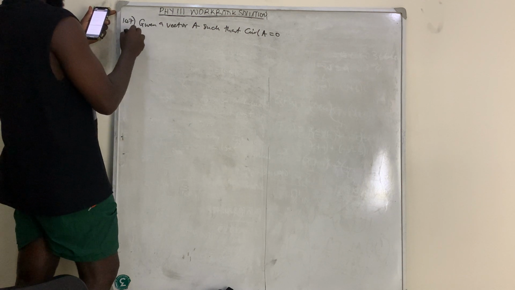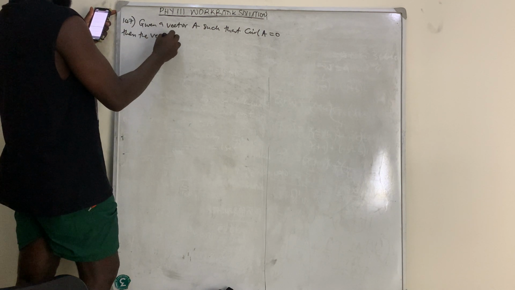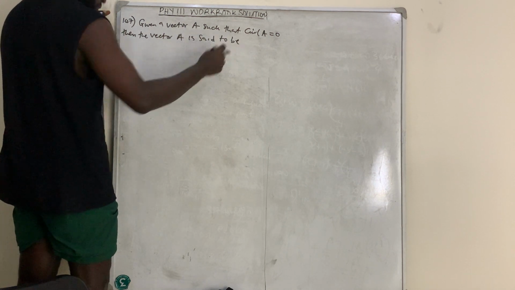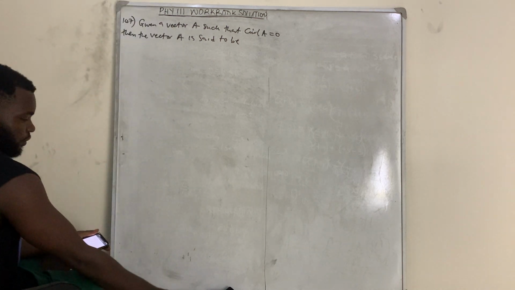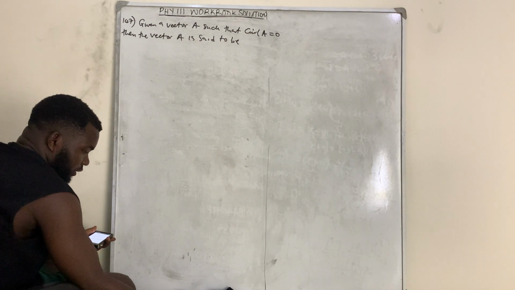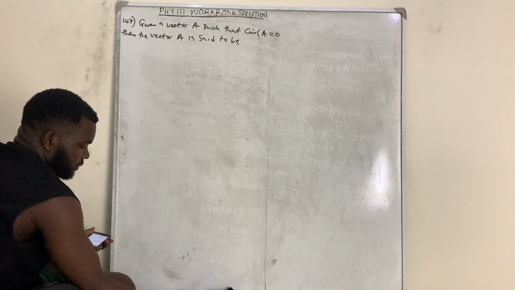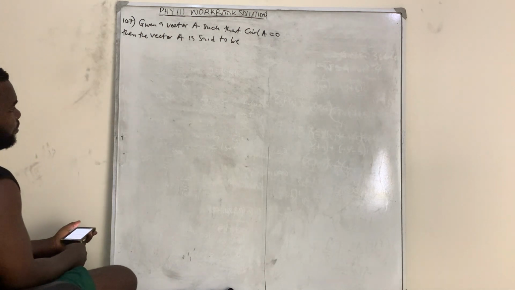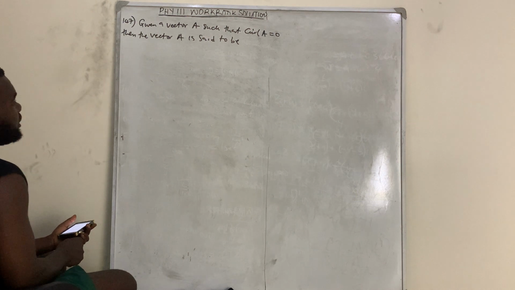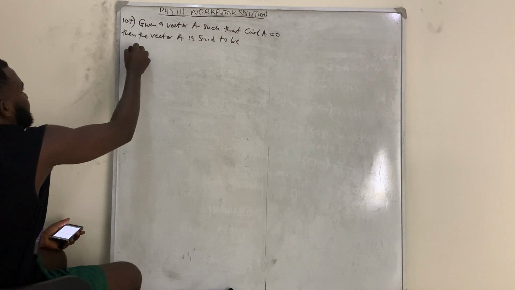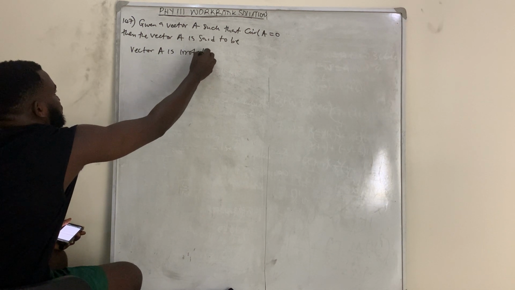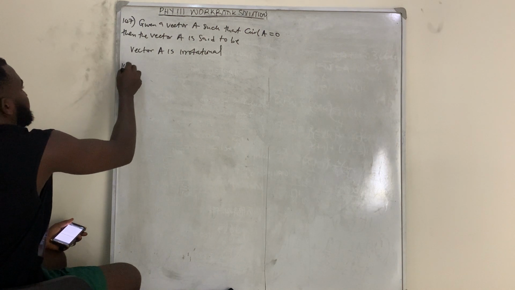Whenever the curl of a vector is 0, we say that the vector field is irrotational. That is, it has no rotational component. So whenever the curl of a vector is 0, you say that vector is what? Irrotational. So we say that vector A is irrotational.